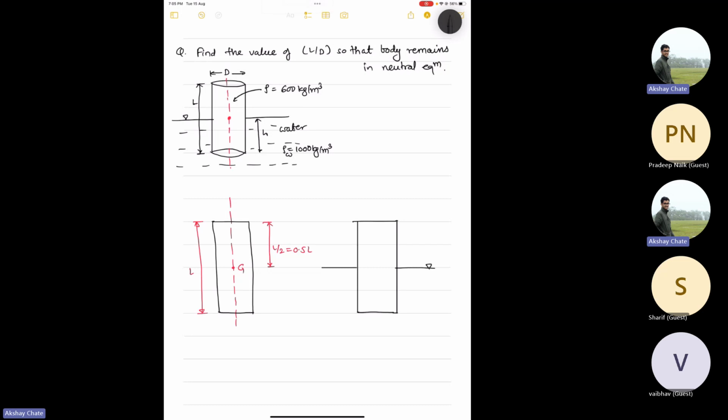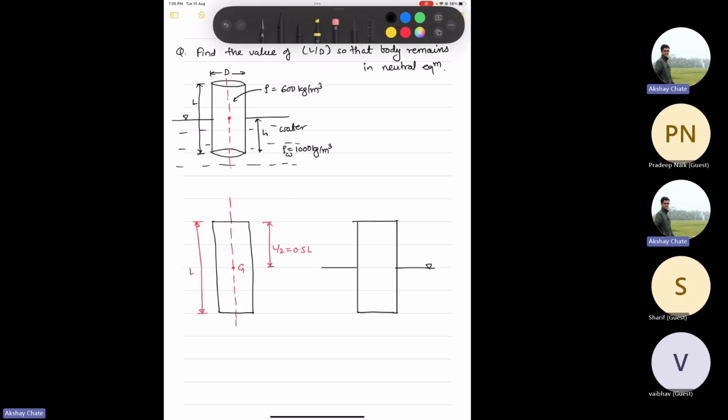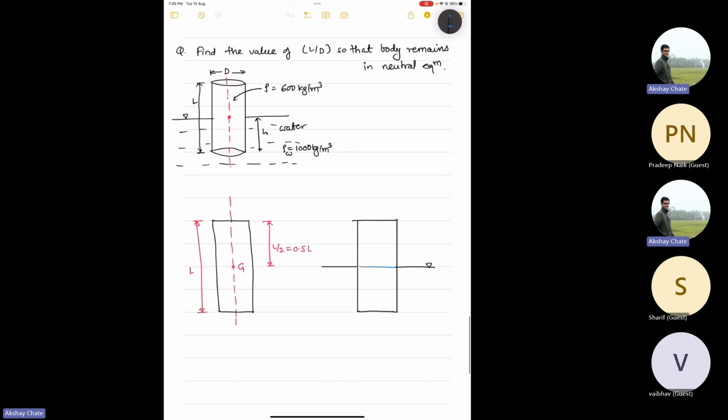So this was your free surface, and only this much volume is submerged, which is highlighted in this different color. This much volume is submerged in water, right? So your center of buoyancy will be the centroid of this area. So this will be your B point.